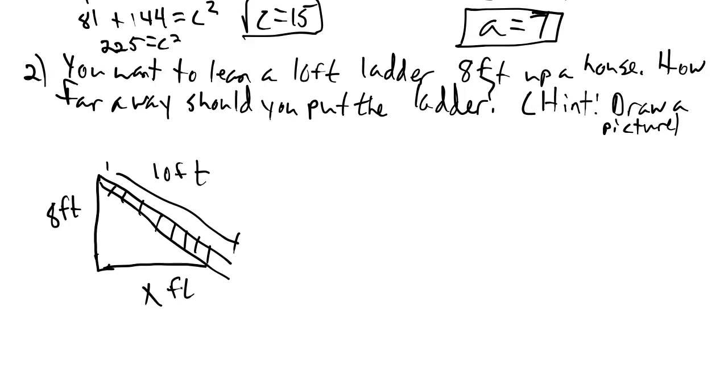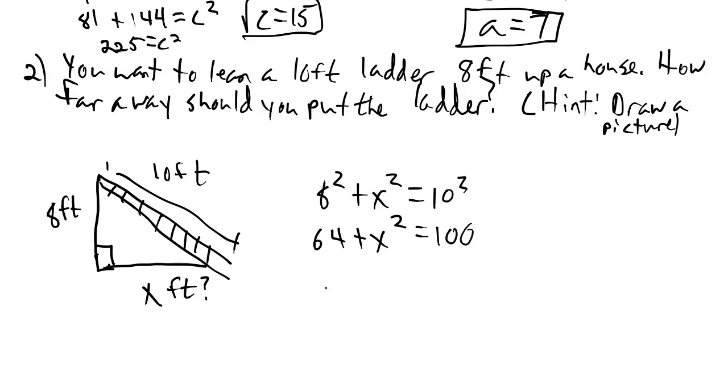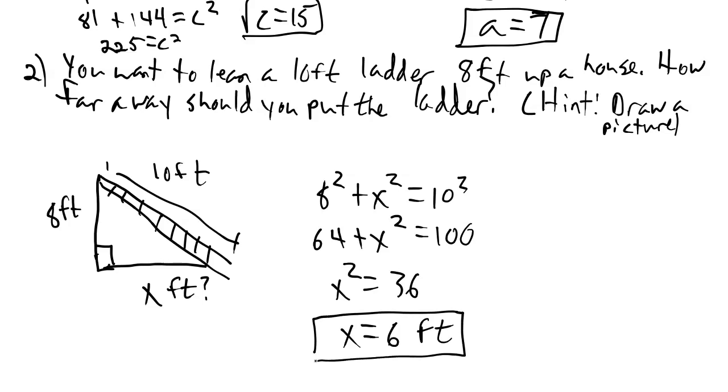How far away do we need to place this to make it so that we go just up to 8 feet? So we're placing it that far away, and look at that, we have ourselves a right triangle. So this becomes 8 squared plus x squared is equal to 10 squared. So we finish solving, we get x squared is going to be equal to 36. So we know we have to place the ladder 6 feet away to be able to just go up the 8 feet that we need.